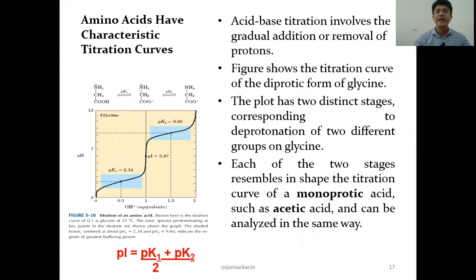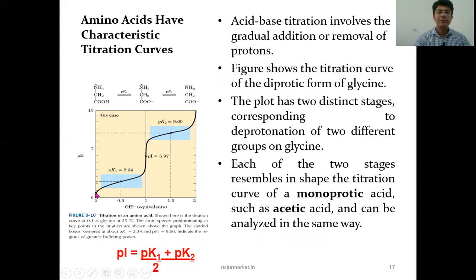Acid-base titration involves the gradual addition or removal of protons. Here the figure indicates the titration curve of the amino acid glycine, and it can be seen that there are two distinct stages in the titration curve, which indicate the deprotonation of the carboxyl group and the deprotonation of the amino group.